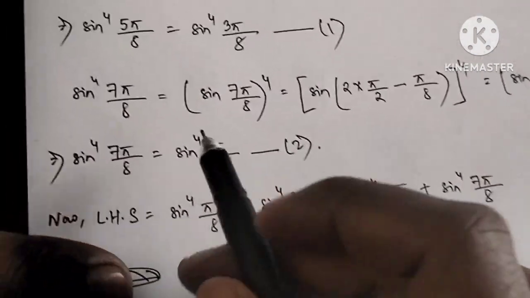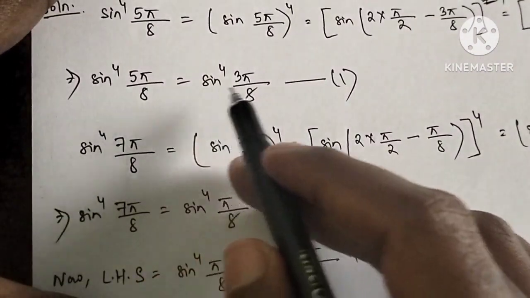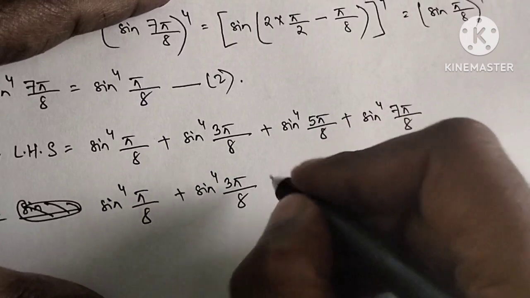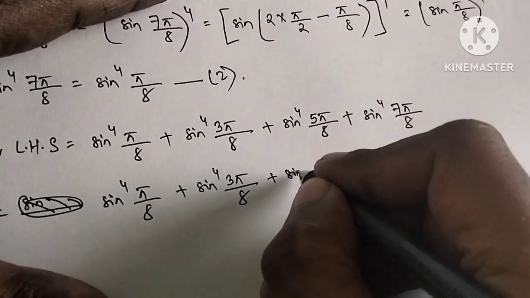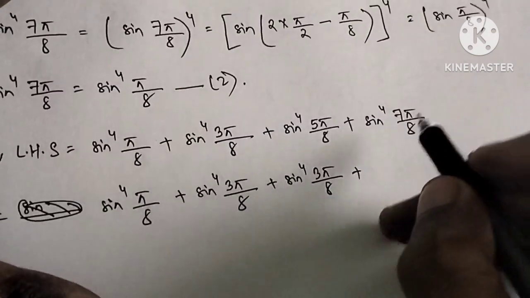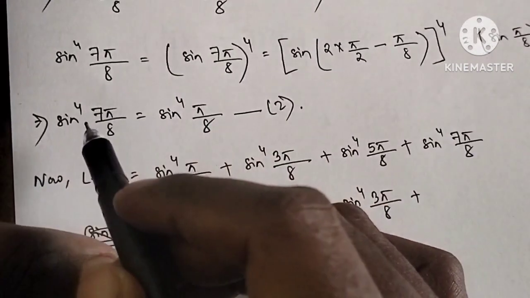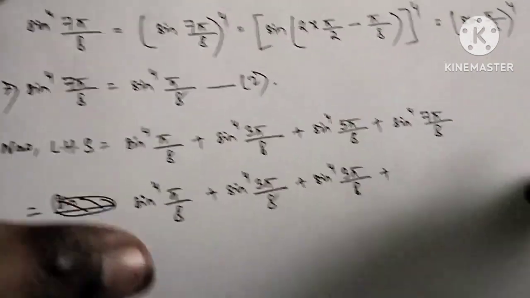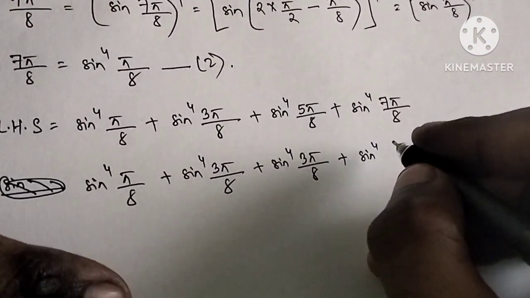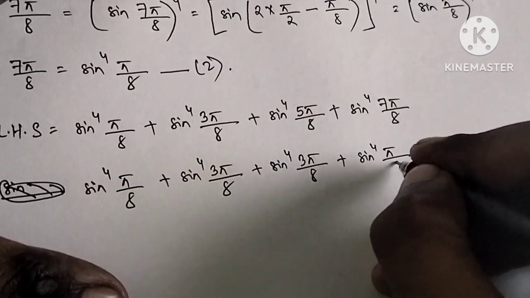Now sine to the power 4 5 pi by 8 can be written as sine to the power 4 3 pi by 8. So instead of this I am writing sine to the power 4 3 pi by 8, plus again sine to the power 4 7 pi by 8 is equal to sine to the power 4 pi by 8.